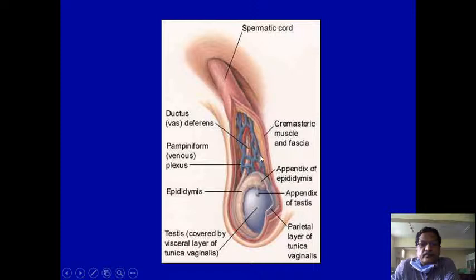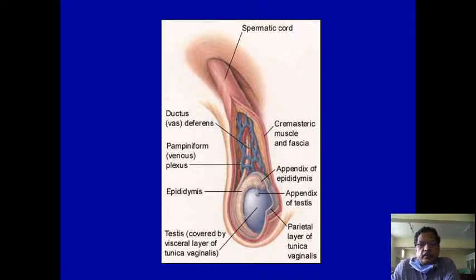As they go up, they join together and anastomose with each other into fewer and fewer veins, and ultimately at the inguinal ring there will be only one or two testicular veins, and they ascend in the retroperitoneum.